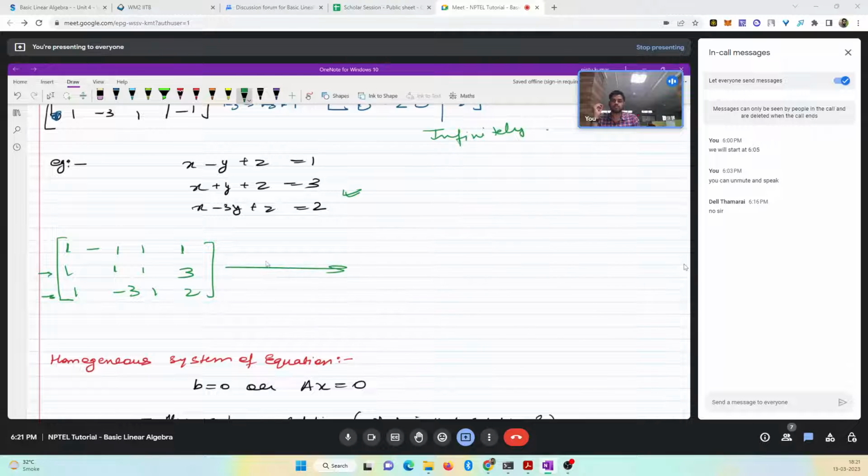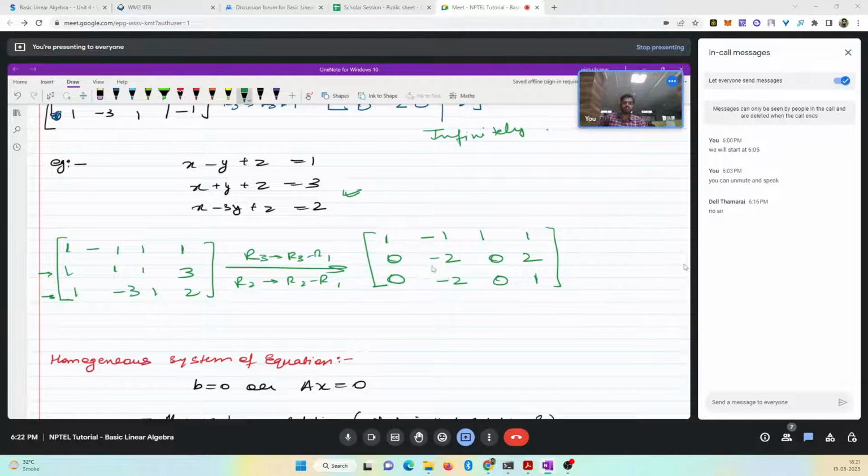Similar to the last time, R3 goes to R3 minus R1, R2 goes to R2 minus R1. So we obtain 1, minus 1, 1, 1 over here. This is 0. This is minus 2, 0, 2, 0. And this is minus 2. This entry also we get as 0, and this entry we get as 1.